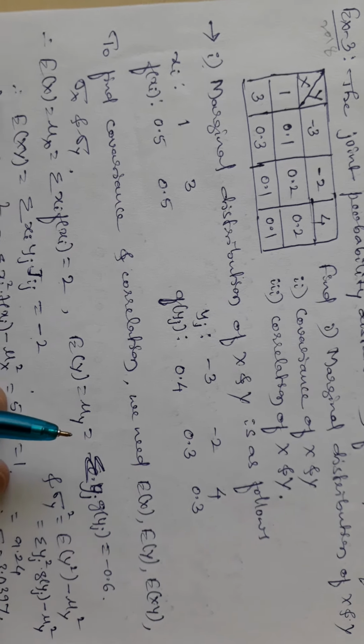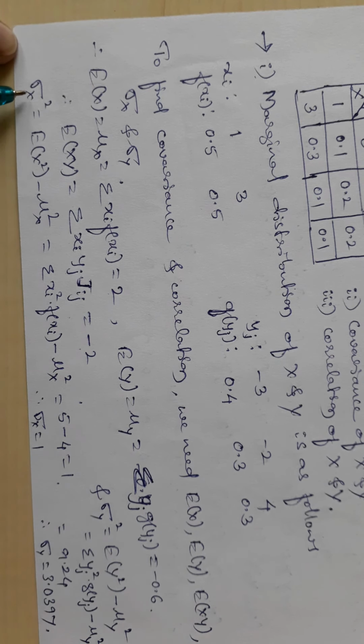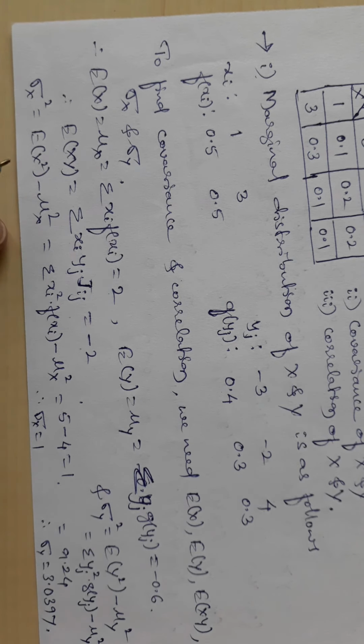Now we need to find sigma. For that we need to find sigma x square. Therefore sigma x square is equal to the expectation of x square minus mu x square. The expectation of x square is summation xi square into f of xi, and we already have the mu x square value.